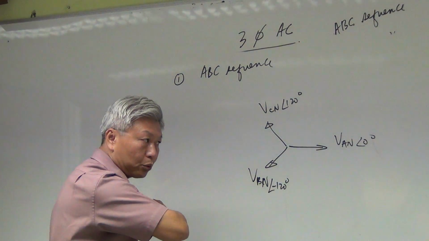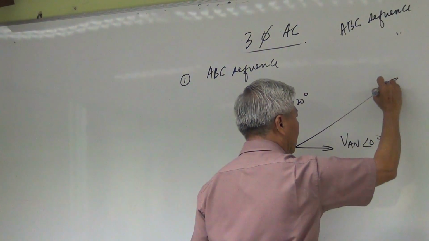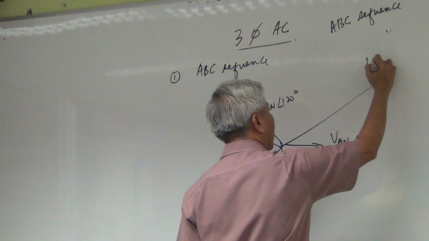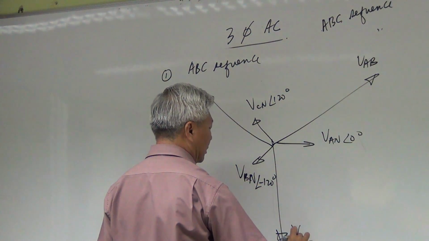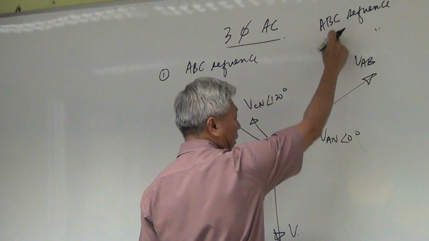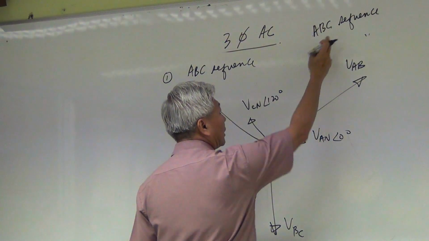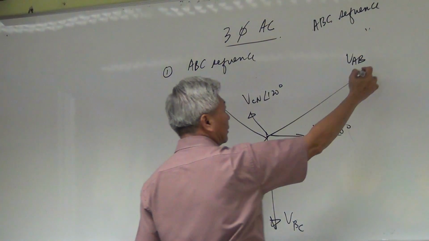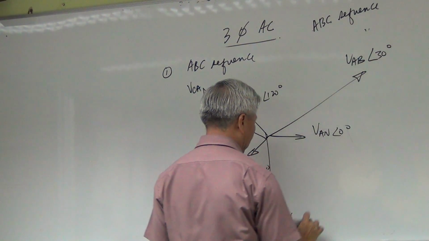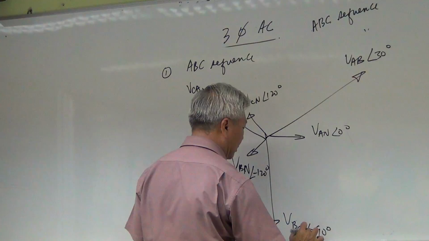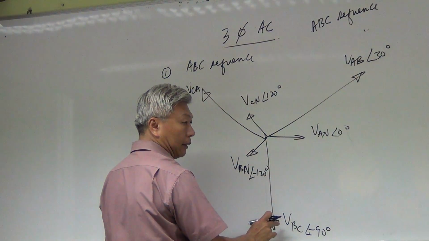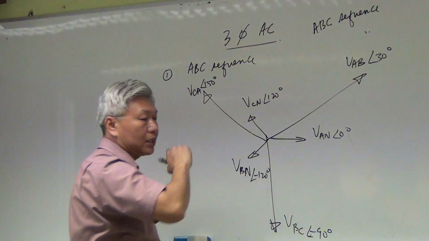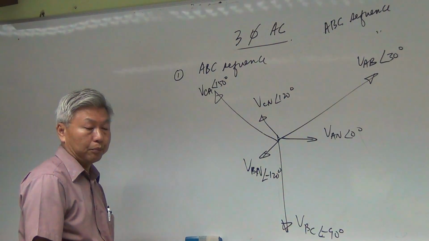Then the three long arrows: VAB, then VBC, next one VCA. And what is the angle? That is 30 degree. This one is minus 90 degree because minus 120 and 30 become minus 90. 120 and 30 become 150 degree. So this is called the ABC sequence phasor diagram.